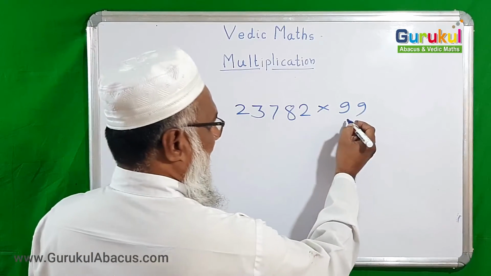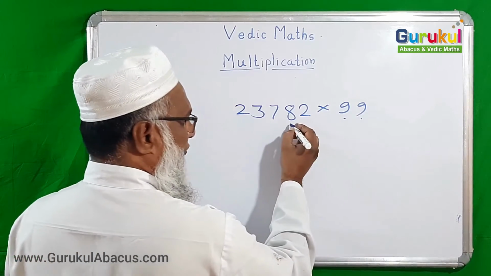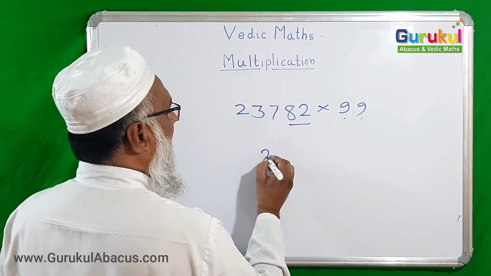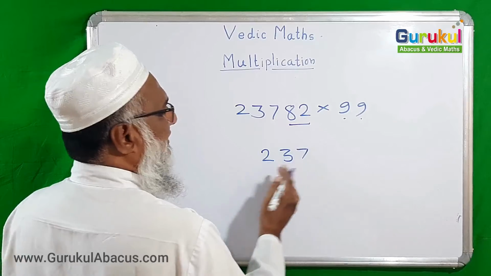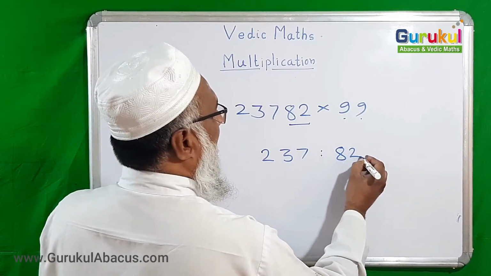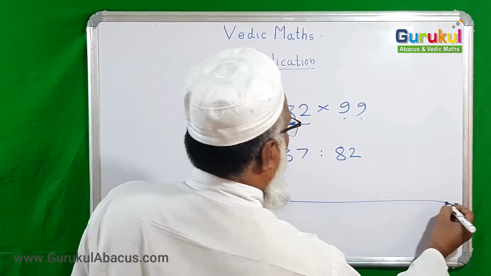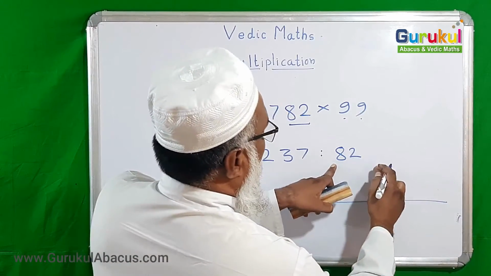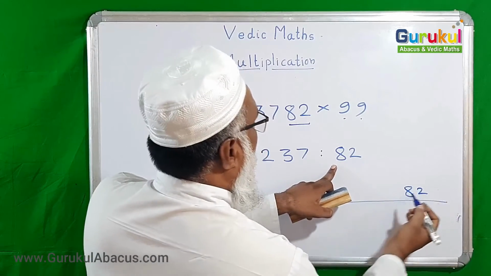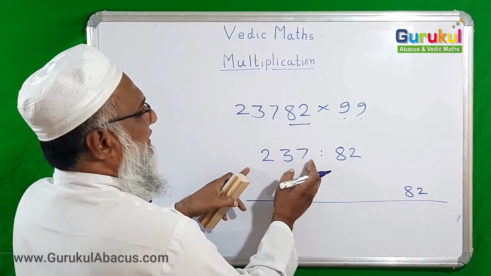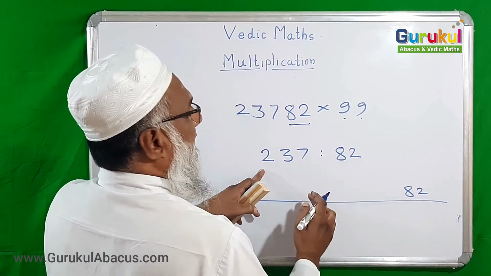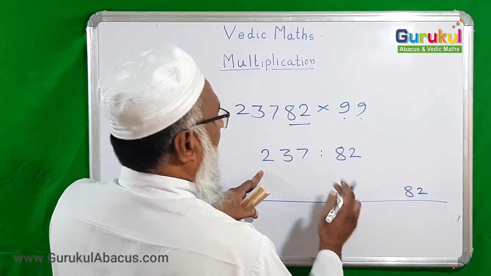Okay, now here there are two digits in the greatest number, so those two digits we should keep after the colon. So I am placing 237 on the left side, and 82 I am writing after the colon, and then after this line, this part of the number, 82, again I want to write here, and then here this is 237, add 1 to it, so it would become 238, that to write here.